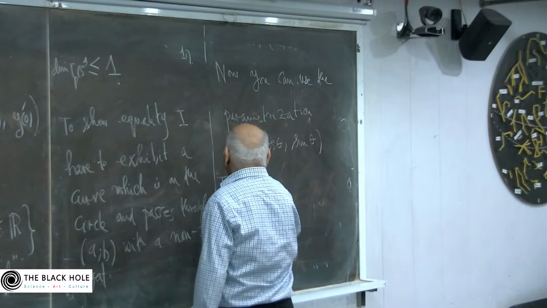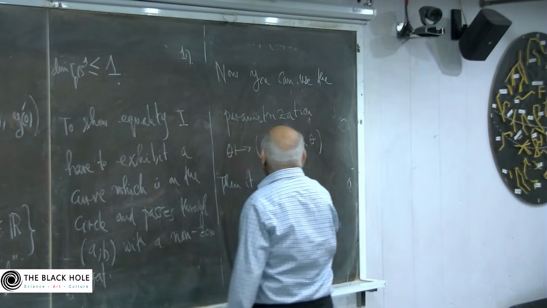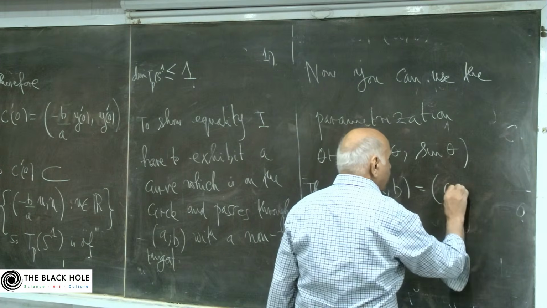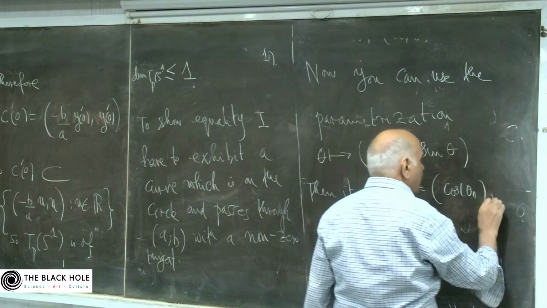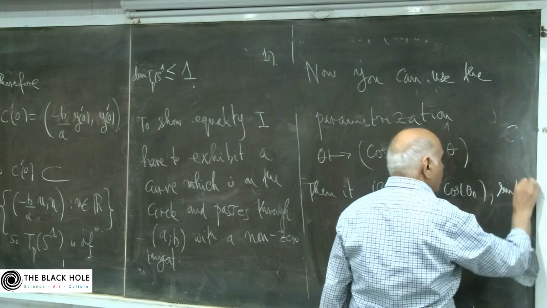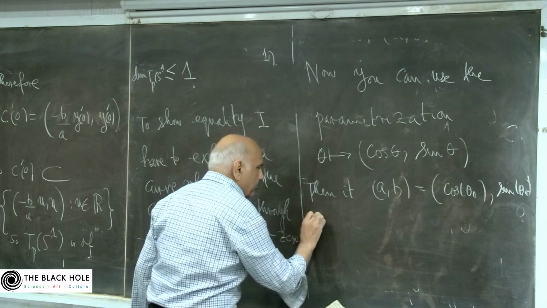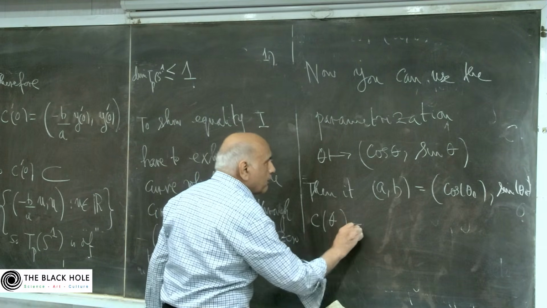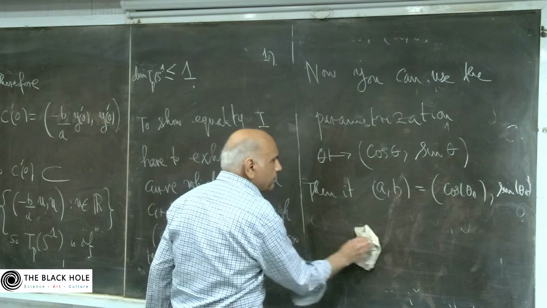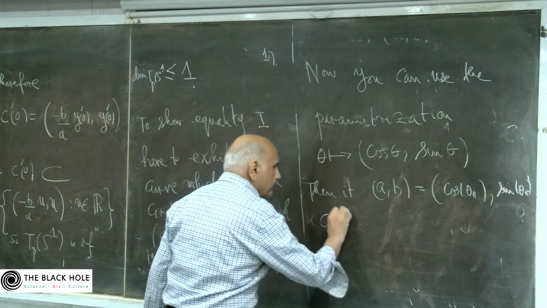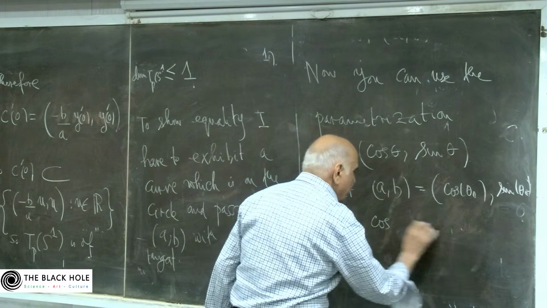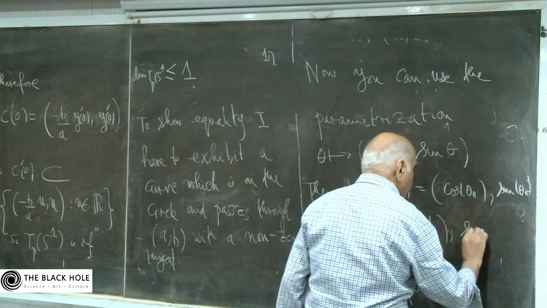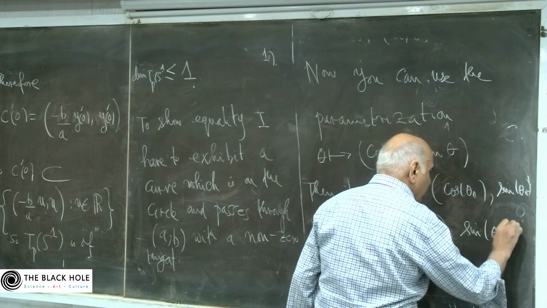Then if the point is (cos theta 0, sin theta 0), your C of t is cosine of theta 0 plus t and sine of theta 0 plus t.